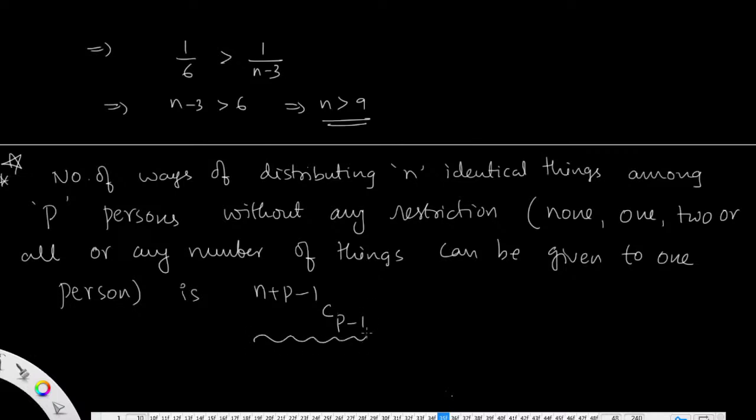This is the most important formula. So that is distribution of alike things.